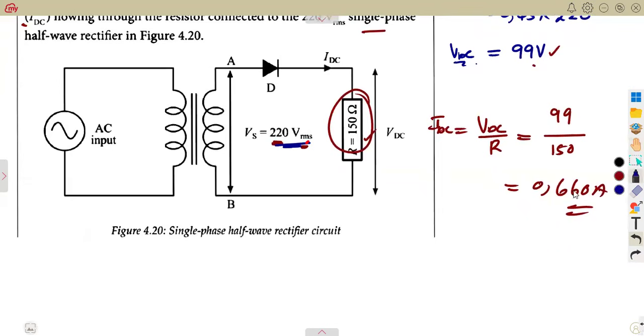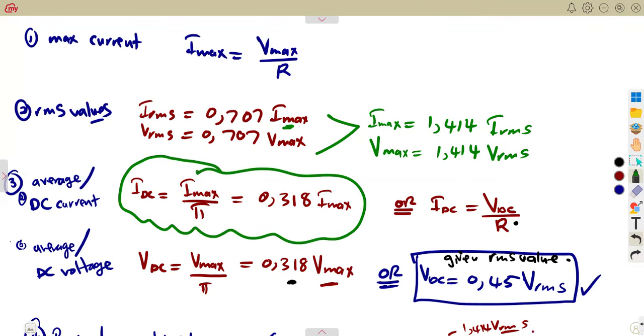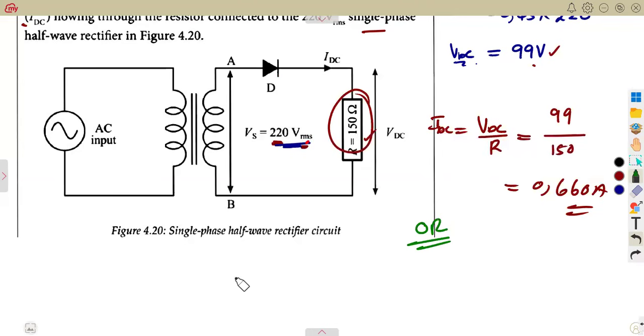Or like I said, you could have worked from the maximum, because we understand that IDC can be taken from this formula where there's a maximum value. IDC is the maximum current over pi, which is the same as 0.318 of the maximum value of the current.